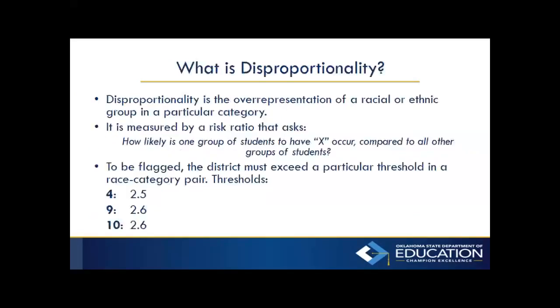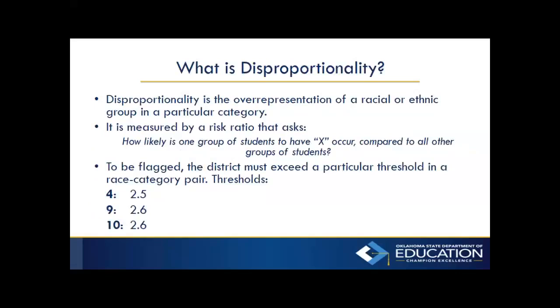Okay, so 4, 9, and 10 are based on the concept of disproportionality, which is the overrepresentation of a racial or ethnic group in a particular category. So we have categories of discipline and identification. It's measured by a risk ratio that asks this question: how likely is one group of students to have X occur compared to all other groups of students?